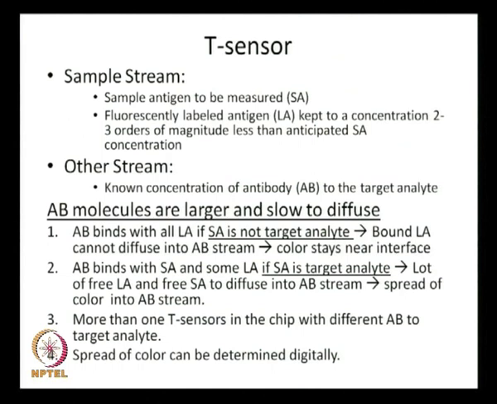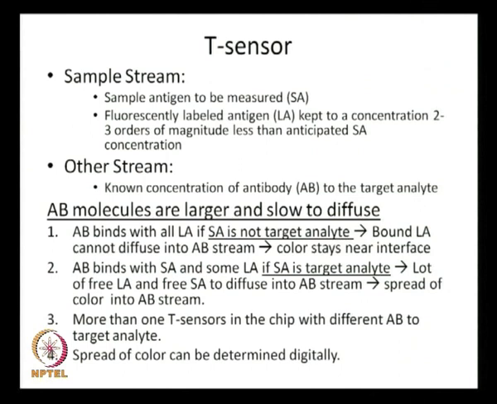So, in the event AB binds with this analyte, there will be a lot of free LA available, and free SA as well, because AB is only in fixed quantity and it binds both LA and SA. So, there would be free SA and free LA available, and these can diffuse into the AB stream.